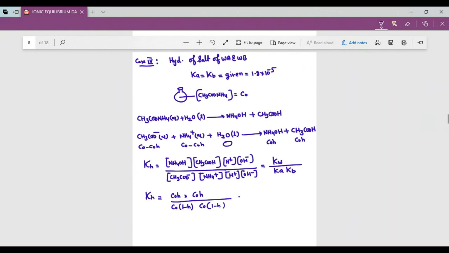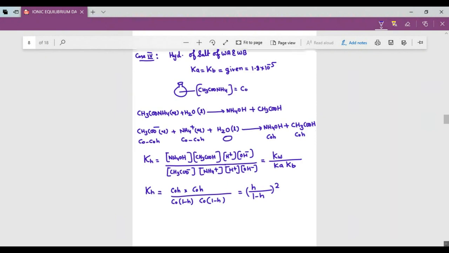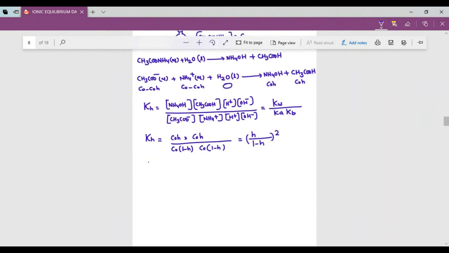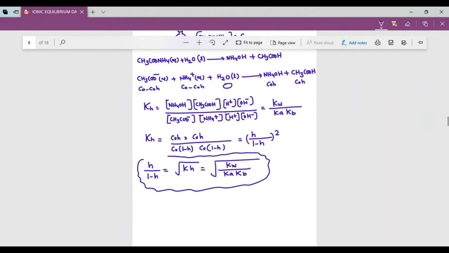If you simplify, C0 in the numerator and denominator will cancel out, that is equal to h^2 upon (1-h)^2, right? Now from here, the value of h/(1-h) is exactly equal to under root Kh, and the value of under root Kh we know is under root of Kw upon Ka into Kb, right? So till here I have not taken any approximation. This is the exact formula.